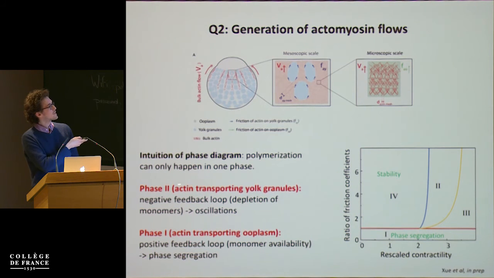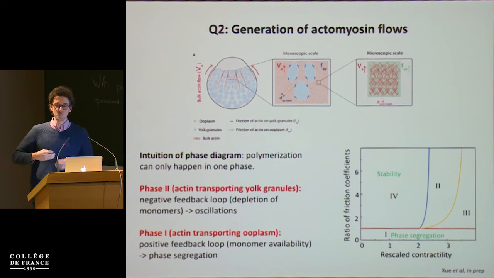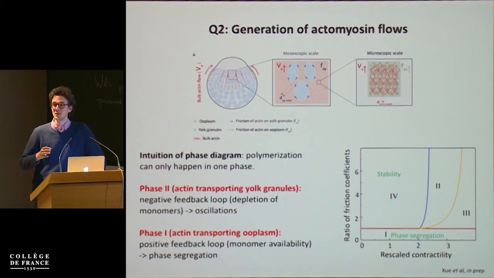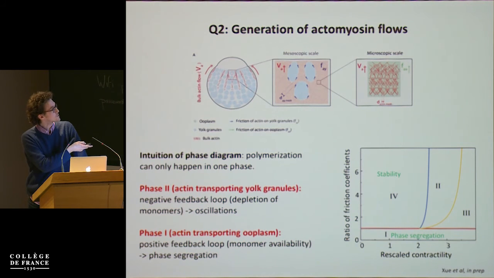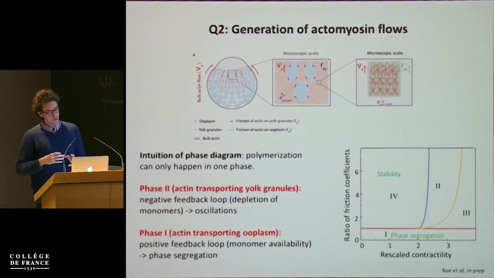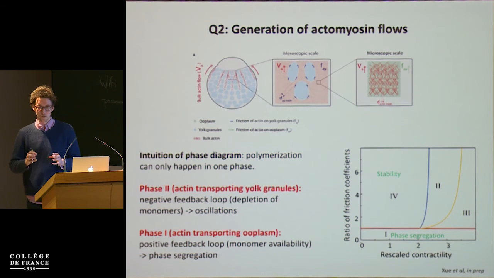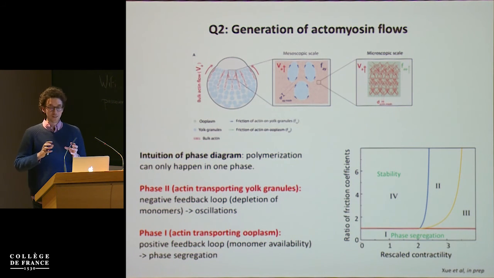But interestingly, if actin transports your granules, it's depleting the water that goes with it, because you're enriching granules with actin, and because of this negative feedback, you end up having instead oscillations in this phase, which are just driven because of this frustration, because the actin keeps bringing next to it your granules that don't have any monomers to polymerize onto.